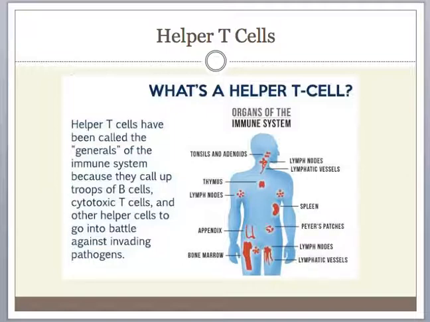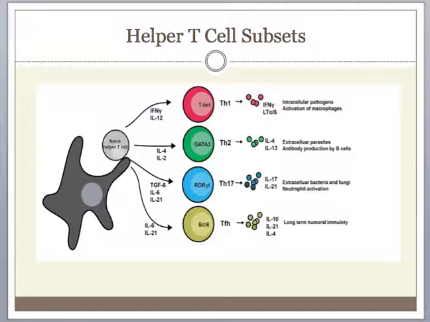So to cover the different types of helper T cells, there's the T helper cell type 1, which regulates the immune response to intracellular pathogens or activates macrophages. There's the T helper cell type 2, which regulates the immune system response to many extracellular pathogens and antibody production by B cells.